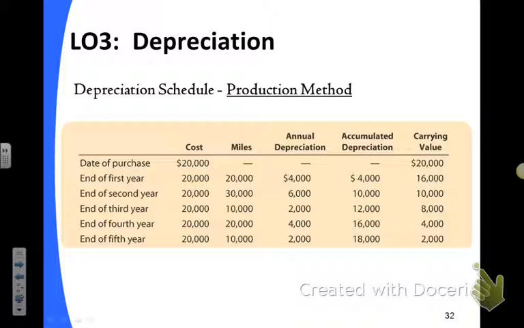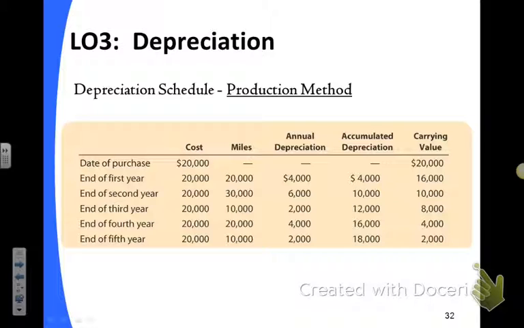In this particular problem, with this production approach, the depreciation schedule varies. It's going to depend upon how many miles were driven in that particular year. They're dealing with a delivery truck, and in certain years they're driving more, so the annual depreciation expense in those years is higher.